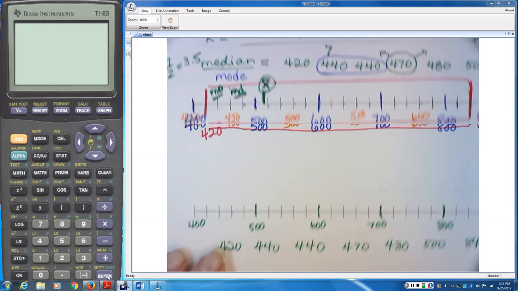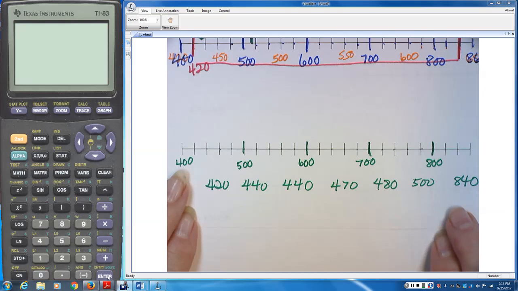So there's the data set. And this is what we're going to do differently.